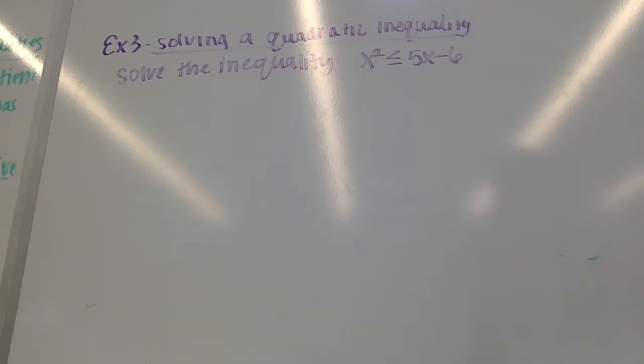All right, our first example today is example 3, solving a quadratic inequality. Solve the inequality x squared is less than or equal to 5x minus 6. So the first thing we need to do is get everything on one side.